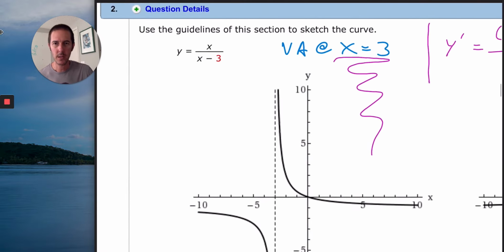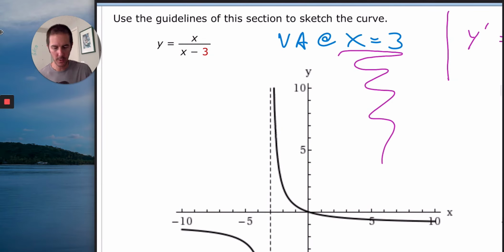Coming in and looking at the original function, the original equation, what is the degree of the numerator? What's the degree of the denominator? Both 1. When you have a rational function where the degree of the numerator and denominator are the same, exponent of 1, degree 1, degree 1, the equation of the horizontal asymptote equals leading coefficient divided by leading coefficient. The leading coefficient here is a 1.